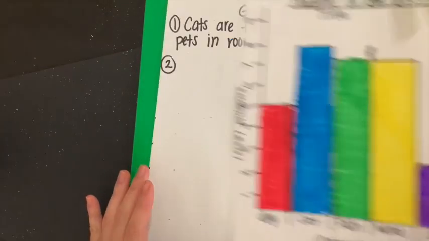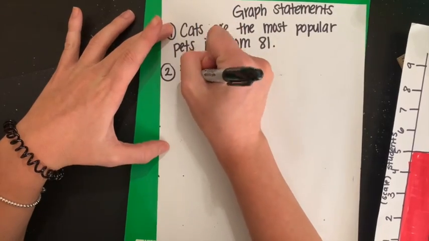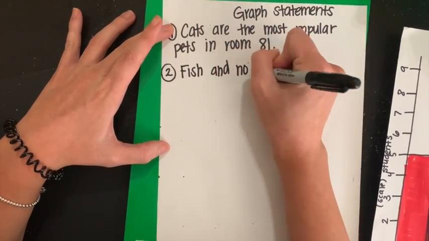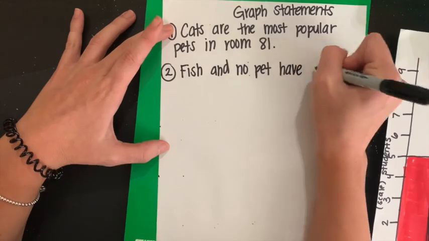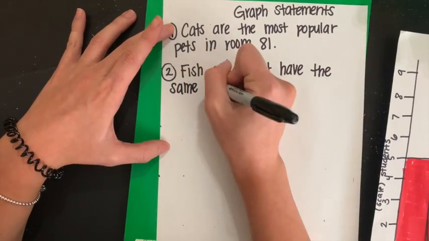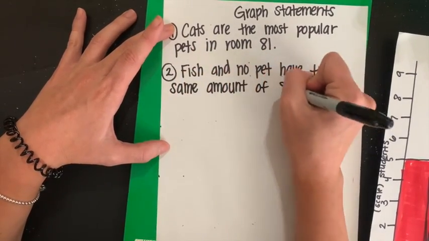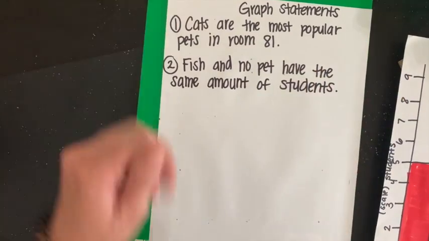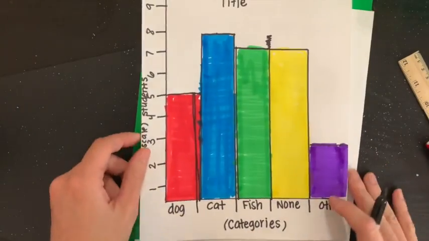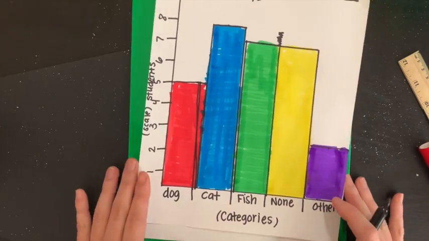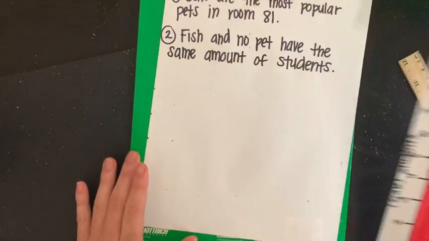All right, let's do another one. Okay, I have an idea. Fish and no pet have the same amount of students. Okay, and one more graph statement. Anything that you could learn from this graph?